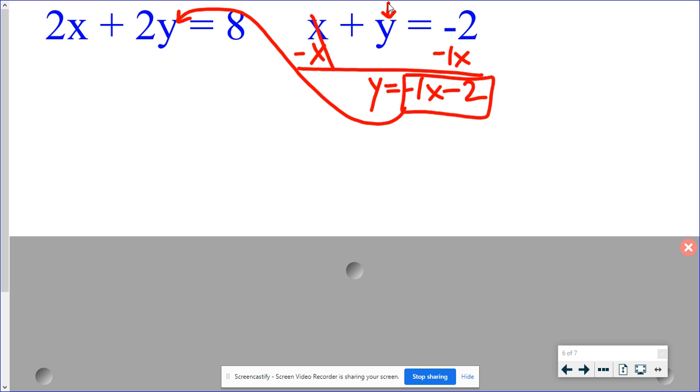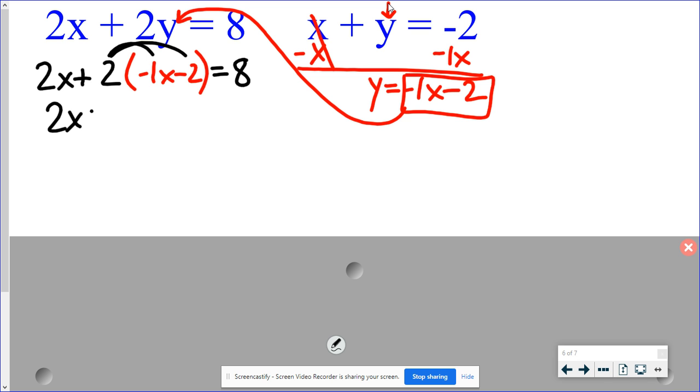So I'll have 2x plus 2, and then instead of the y, I'm going to put in negative 1x minus 2 equals 8. 2x plus negative 2x minus 4 equals 8.